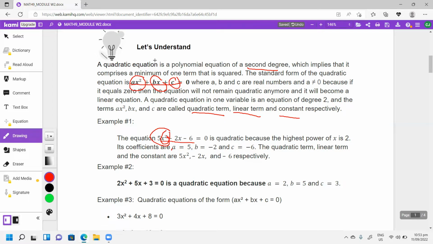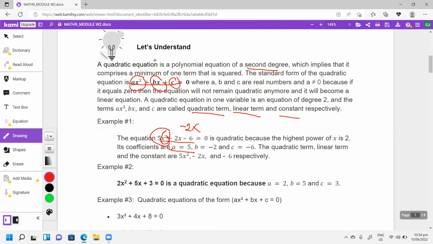The coefficient of 5x squared is 5. That's why our a here is 5. Next, b is the coefficient of the linear term. Our linear term is negative 2x, so the coefficient of negative 2x is negative 2. So our b here is negative 2.